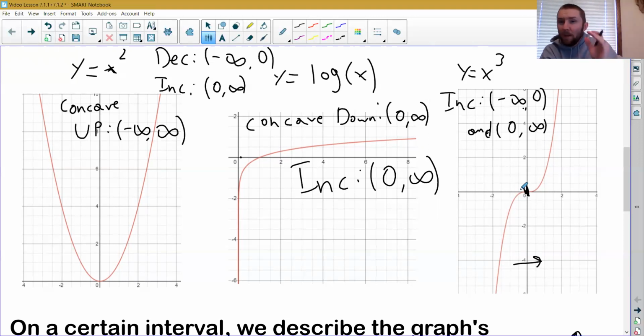So the slope becomes smaller or less severe as we get close to 0. So from negative infinity up to 0, my slope is going from really steep to not quite so steep. So that's a slope that's going down or decreasing. So we would say this is concave down, okay? Concave down from negative infinity to 0, okay?